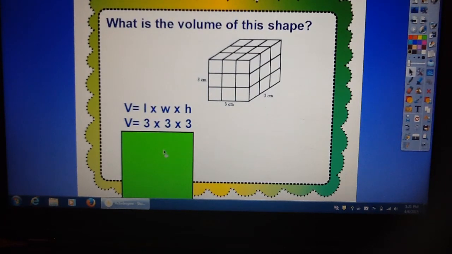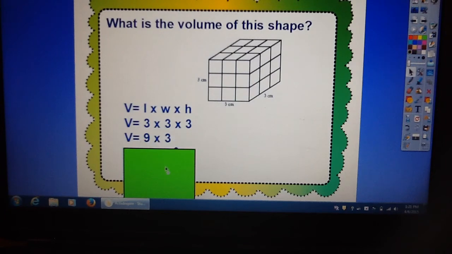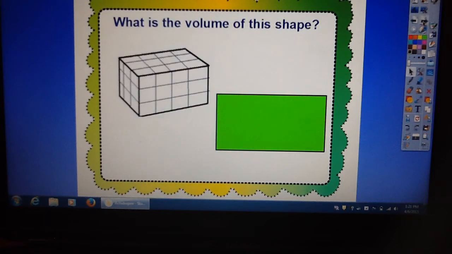So we would multiply 3 times 3, and that gives us 9. And then we would multiply 9 times 3, which would give us an answer of 27 centimeters cubed. Again, you put the small 3 up there to show that it's cubed. So the volume of that shape was 27 centimeters cubed.